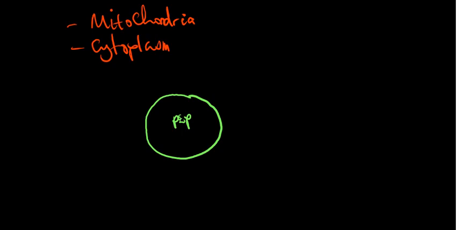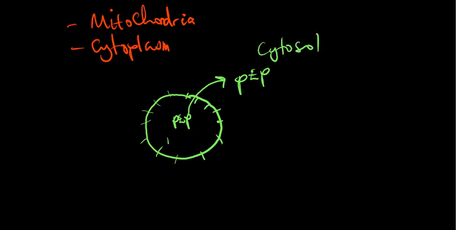The phosphoenolpyruvate that is generated in the mitochondria has to be transported to the cytosol by a specific transporter. Remember, the membrane has transporters that are able to transport these chemicals out with ease. So this is your cytosol, this is your mitochondria.